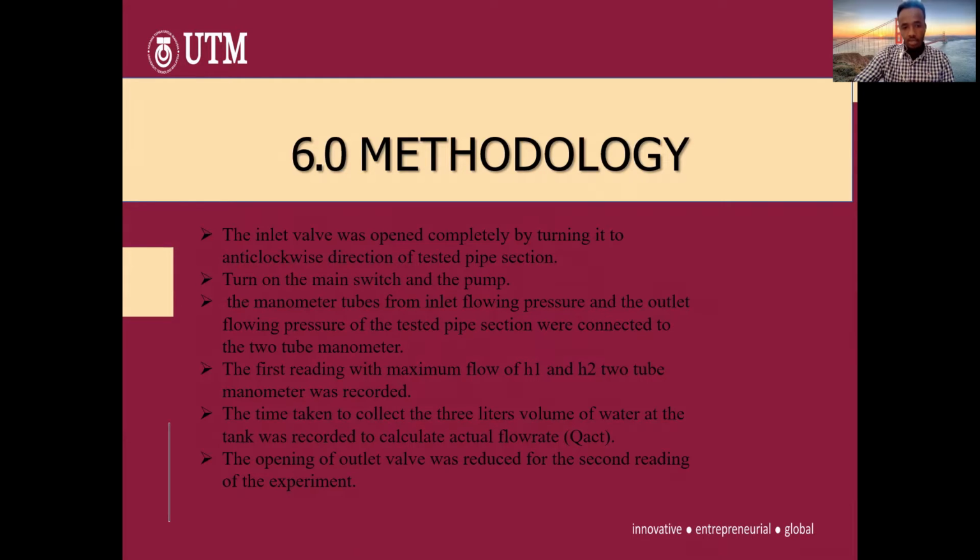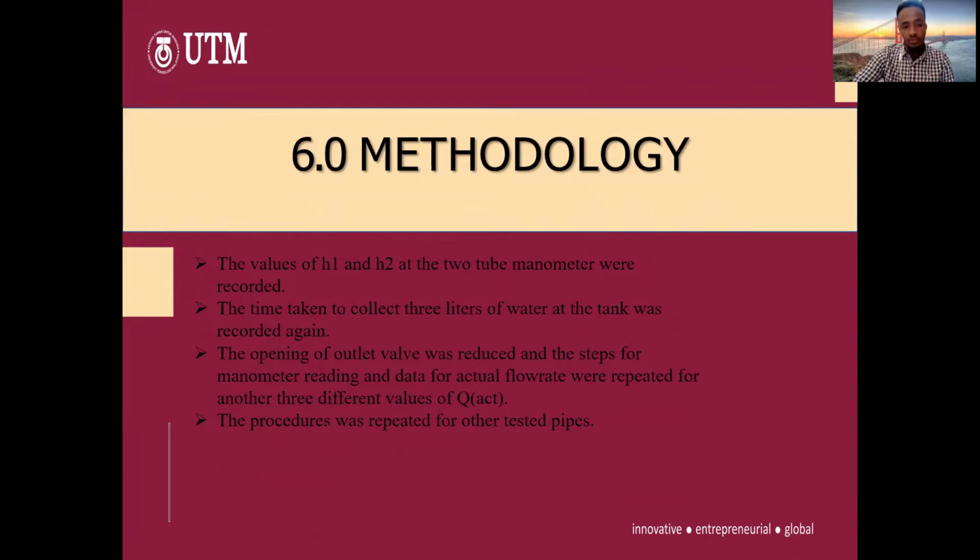The time taken to collect 3 liters of water in the tank was recorded to calculate our actual flow rate. The opening of the outlet valve was reduced for the second reading of the experiment. Furthermore, the values of H1 and H2 on the two-tube manometers were recorded, and the time taken to collect 3 liters of water in the tank was recorded again.